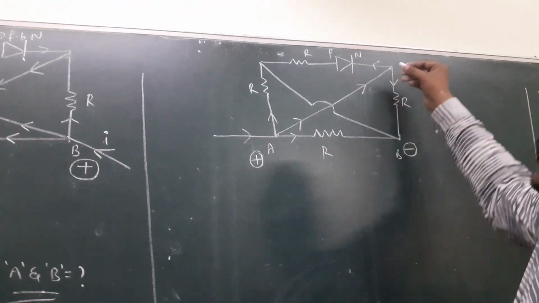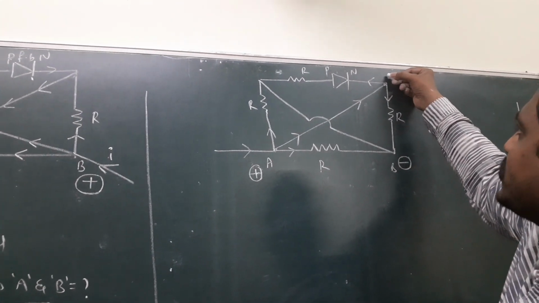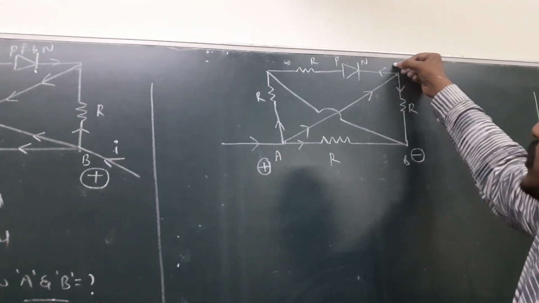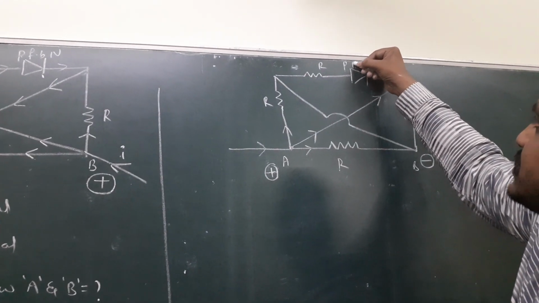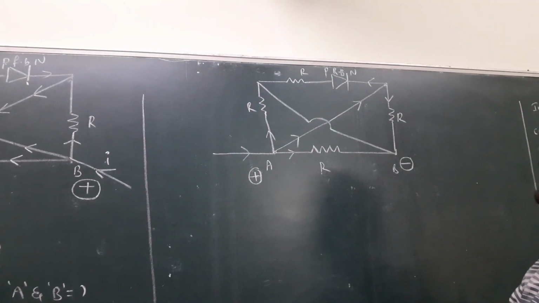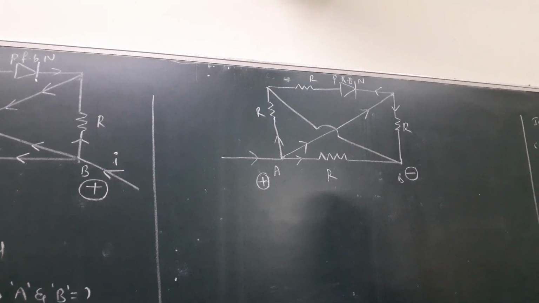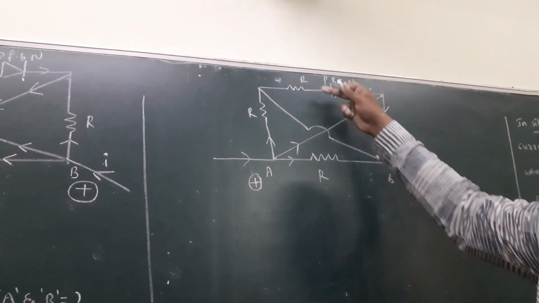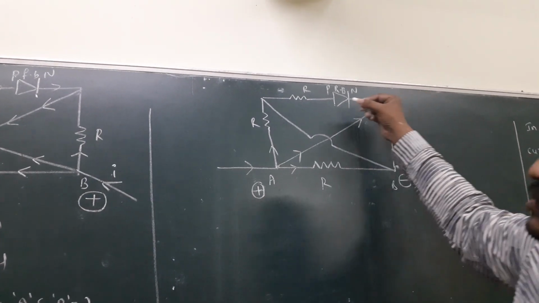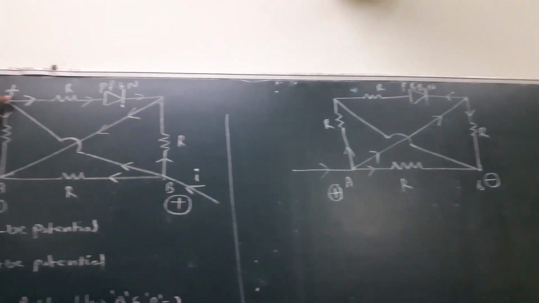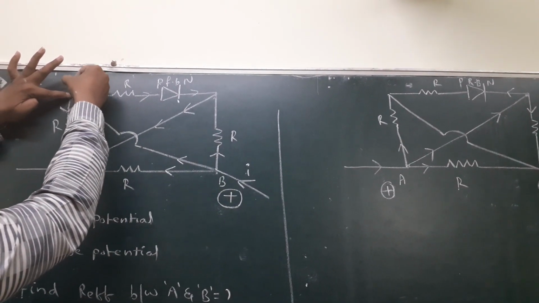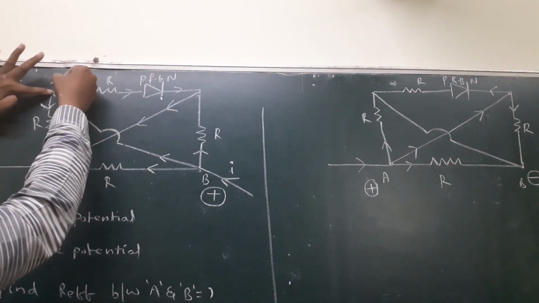But here the current flows, and higher potential is there. So that's why N is connected to higher potential. So that's why in this case, this diode acts as a reverse bias. In the previous case, the current reached here, the current divided, and this was higher, P is connected to positive.